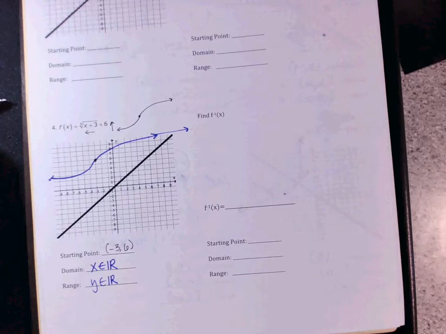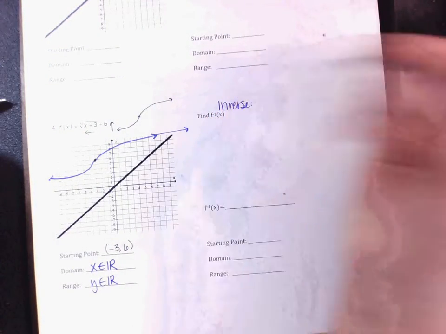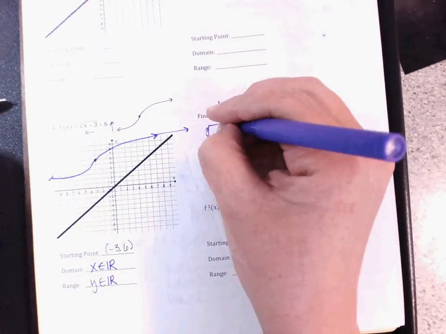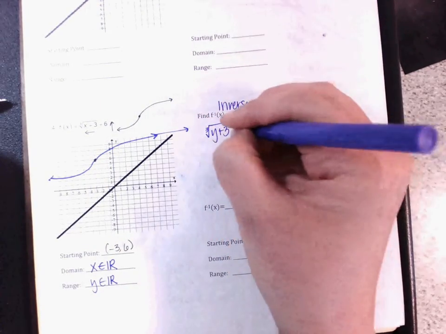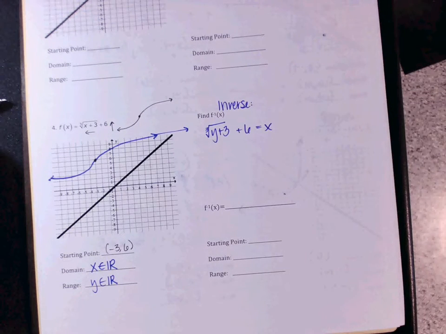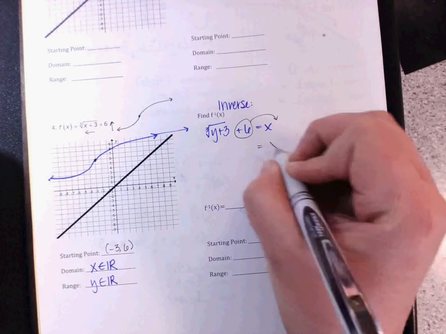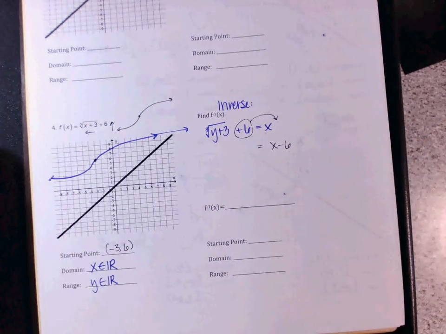Let's find our inverse. So remember, to find the inverse, f to the negative 1, you're going to do cubic root y plus 3 plus 6 is x. What do we do first to solve? Take the plus 6 over to the other side. Now it's an x minus 6.